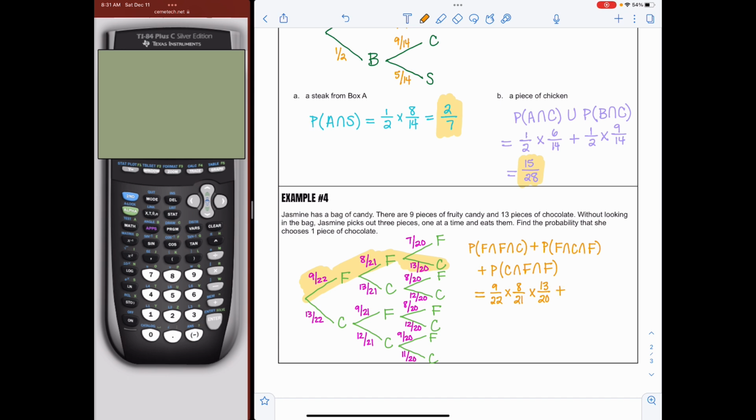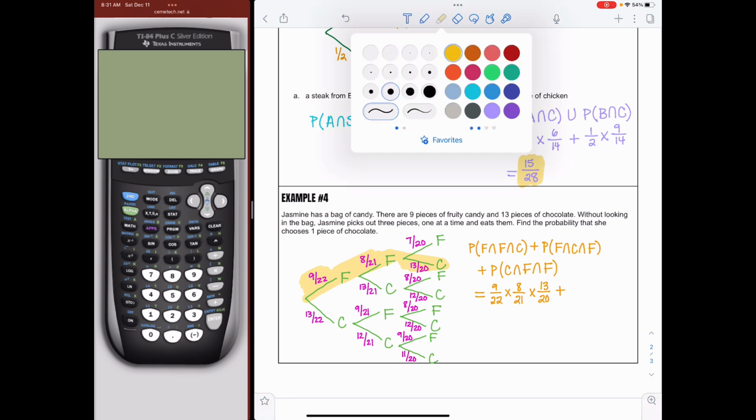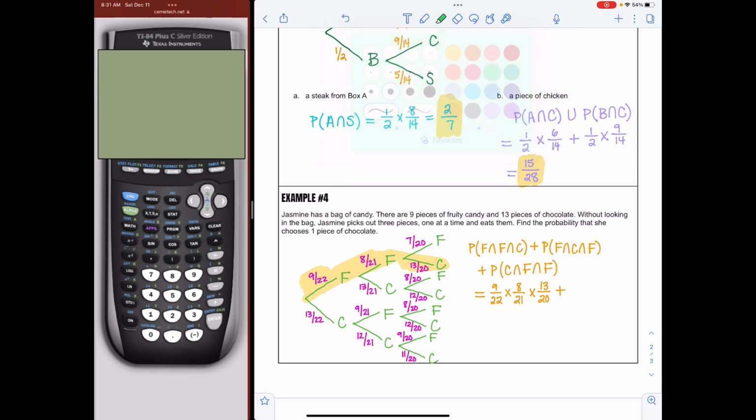Plus, we can do a fruity, a chocolate, and a fruity. So I'm going to use another color. A fruity, a chocolate, and then another fruity. So that's going to be 9 over 22 times 13 over 21 times 8 over 20.